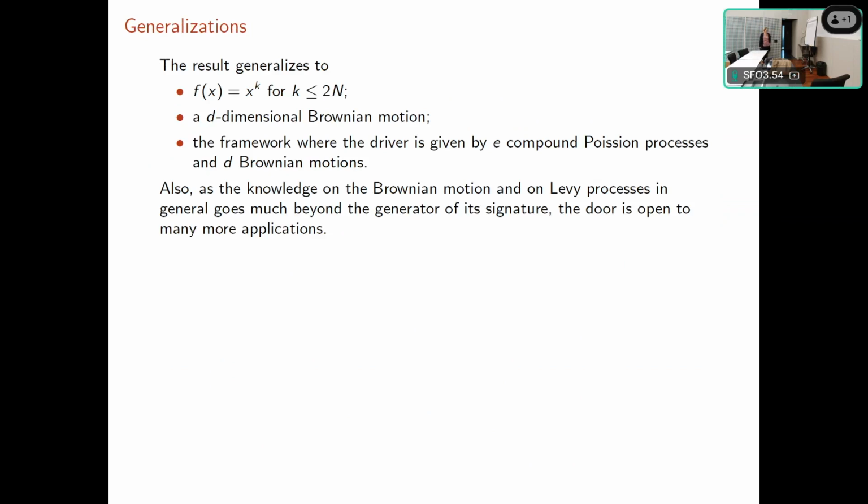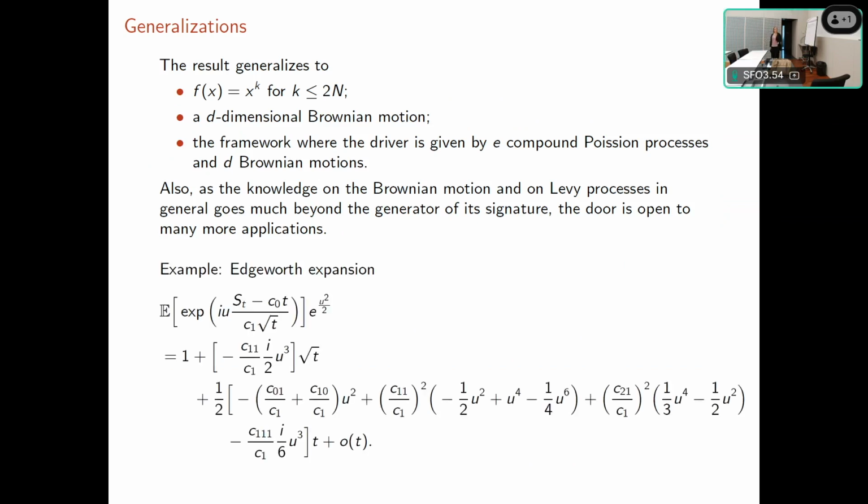Or also, which is important to say, here we were doing the expansion, but we are speaking about a Brownian motion. So we know a lot of things about Brownian motion or Levy processes, okay? So there are also many other things that one can do if you have a linear combination of the signature, which you could not do before when you had a general process.